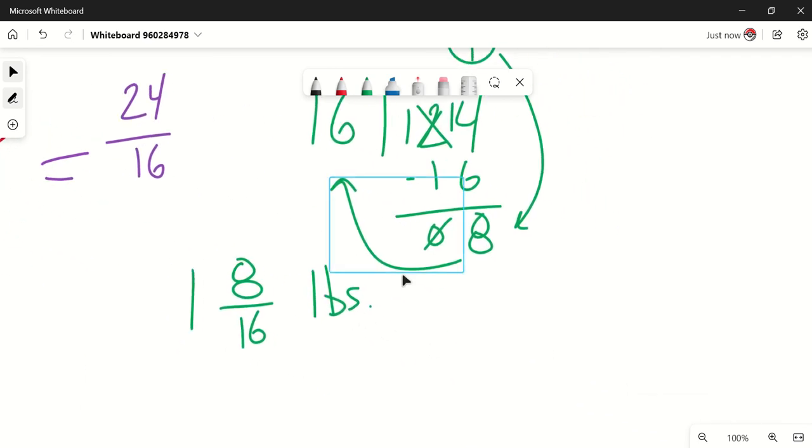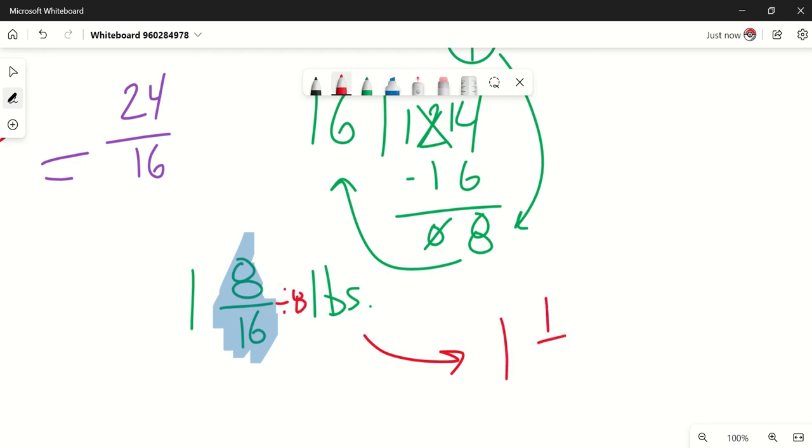But this isn't simplified. Both have 8 in common, so if I divide both by 8, it would be 1.5 pounds is my answer.